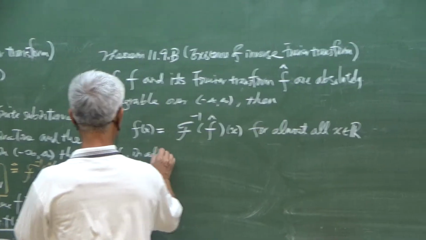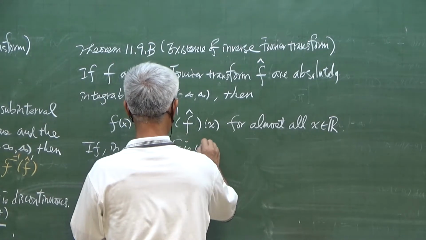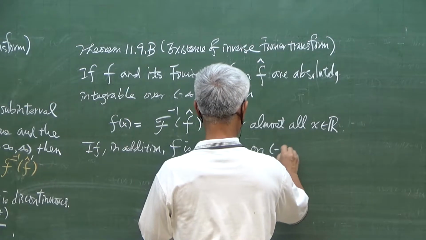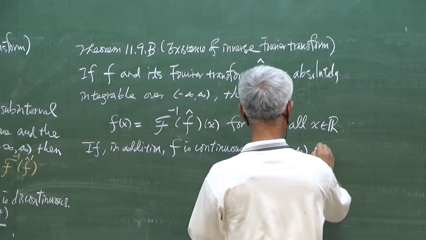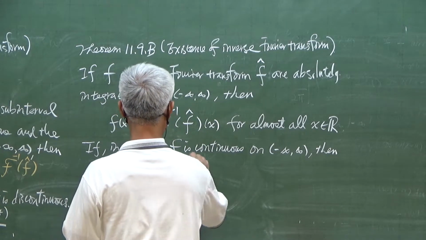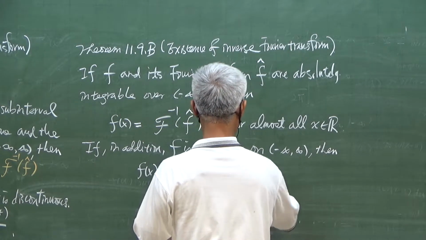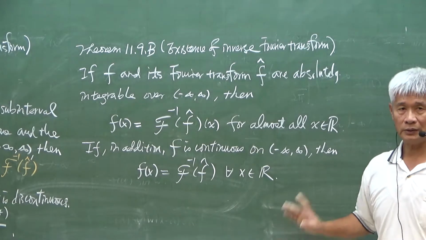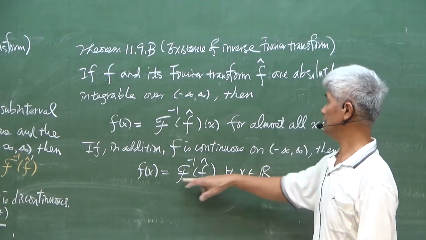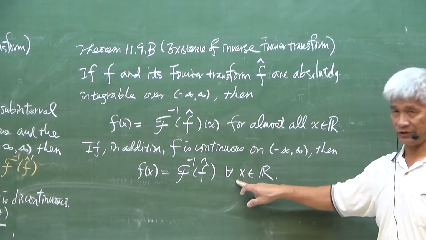If in addition f is continuous on the real line, then f of x equals the inverse transform for all x, not almost all, for every x.